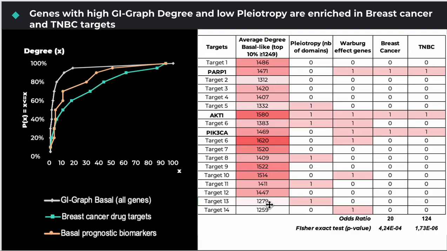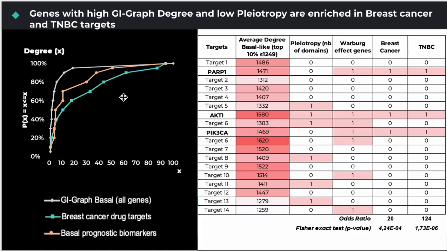The second selection we did is by selecting genes with high degree within our GI graph, which means that there are genes that are genetically interacting with a lot of genes. As shown in the graph on the left, this is a cumulative distribution of degree for drug targets in green, biomarkers in orange, and overall graph in white.